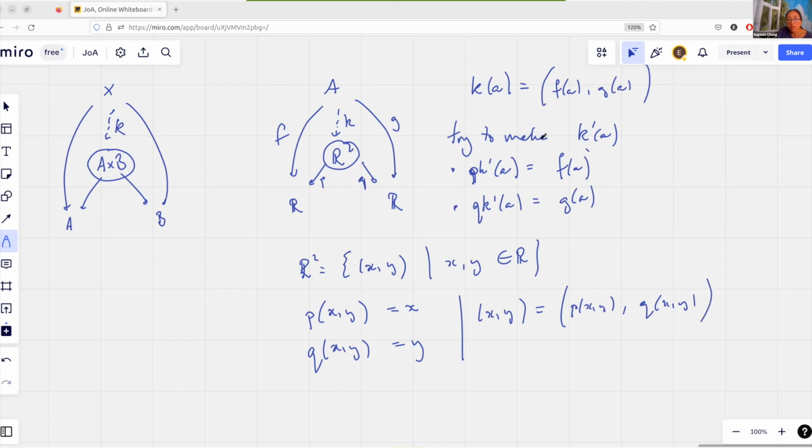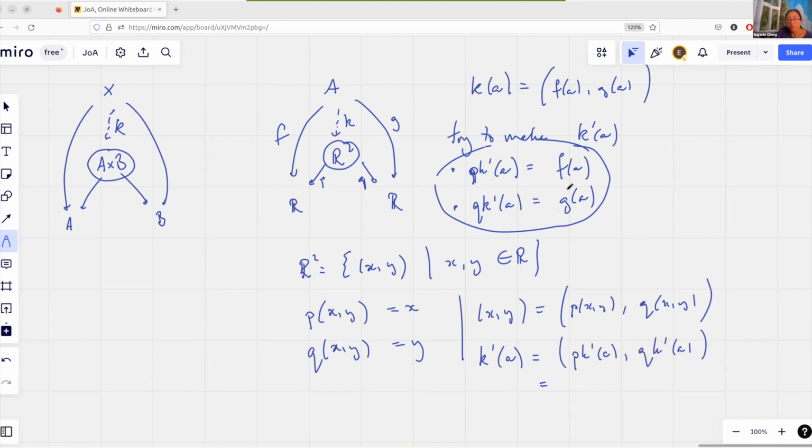So now we can look at this again and say that this means that K primed of A has to equal P of itself followed by Q of itself.